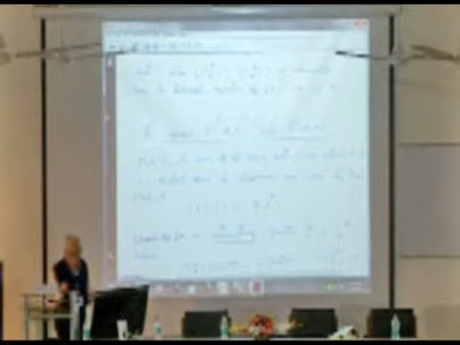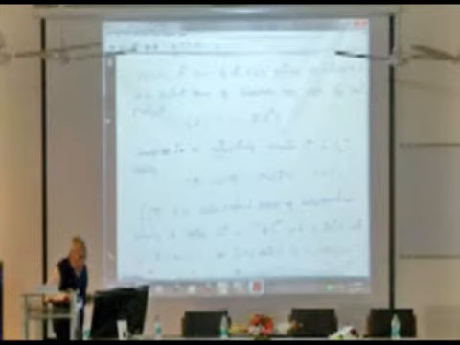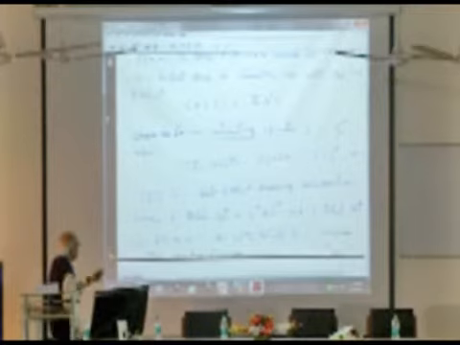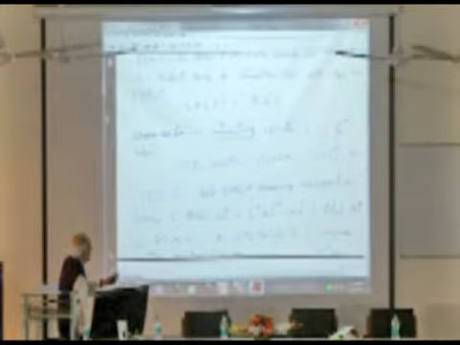Then define the isomorphism in the following way. Once this anti-unitary operator J is given, define gamma_J on the product vector u⊗v to be u tensor the complex conjugation, namely the anti-unitary operator J applied to v.